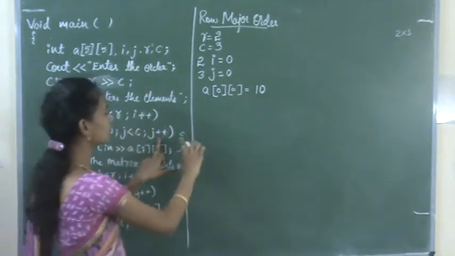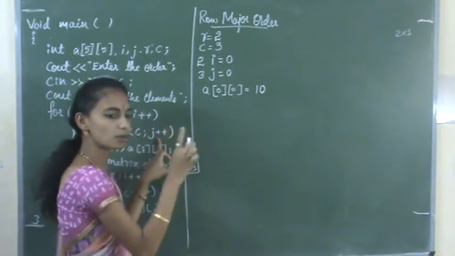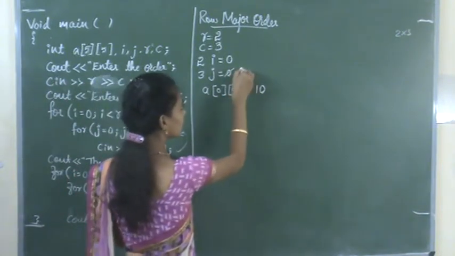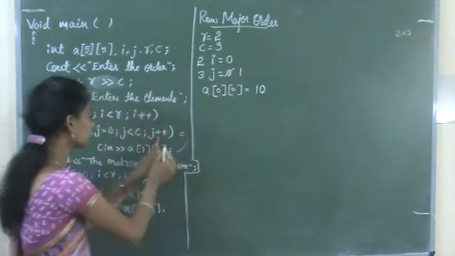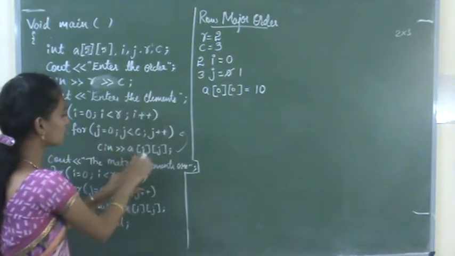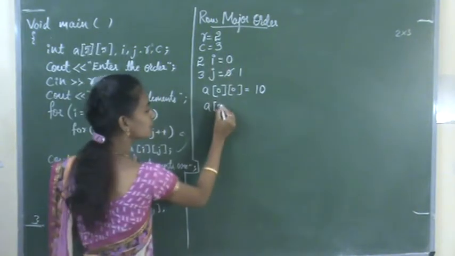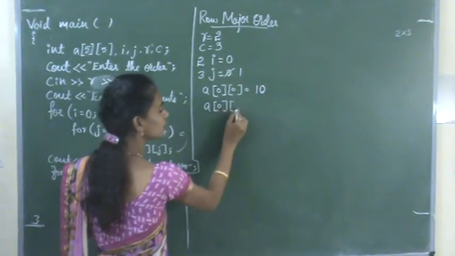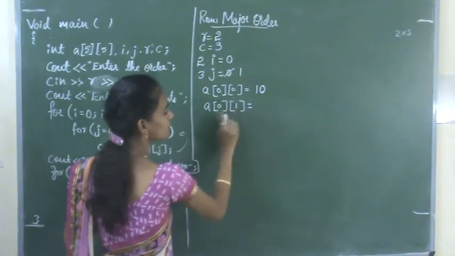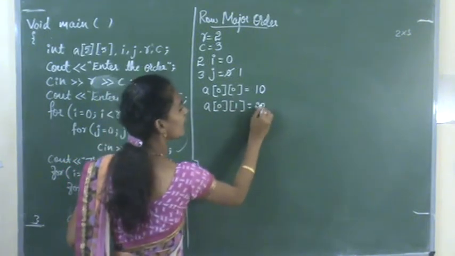J value becomes J plus plus, meaning 0 plus 1, so J value becomes 1. Again it will enter here. What is I value? I value is 0. What is J value? J value is 1. So for 0, 1 I entered some value.